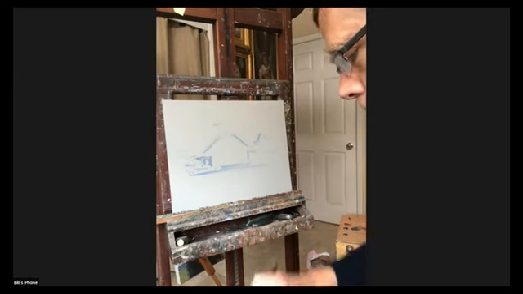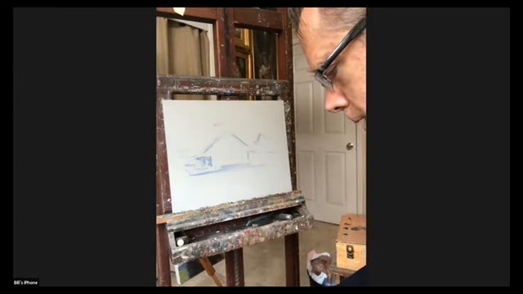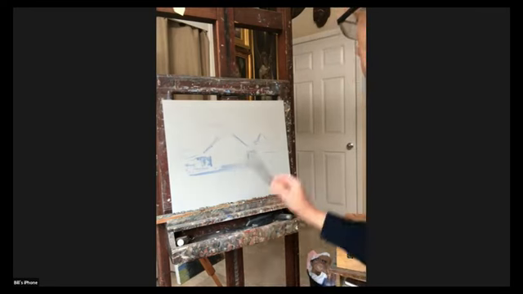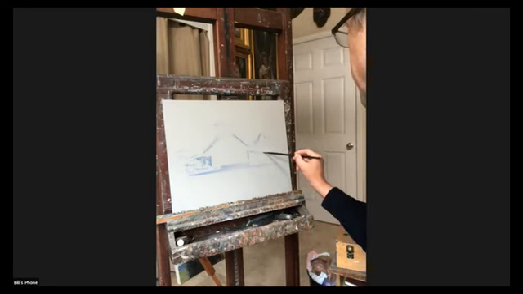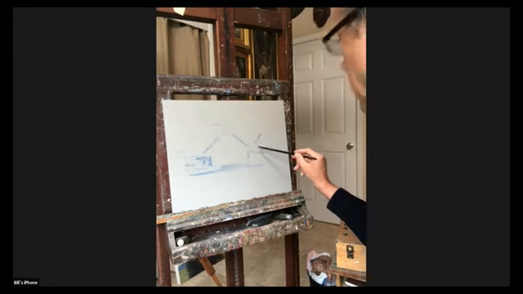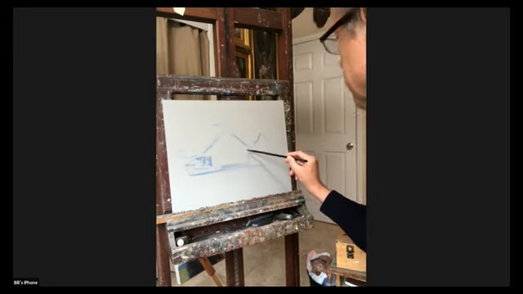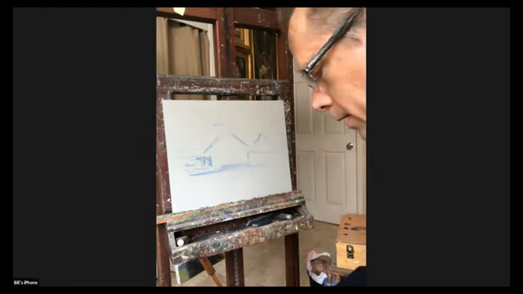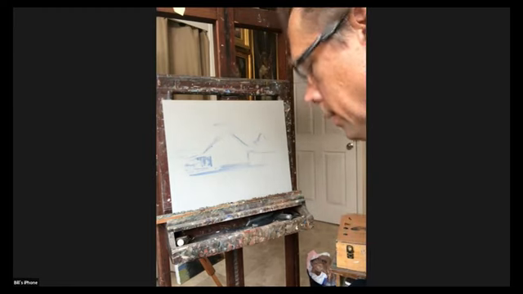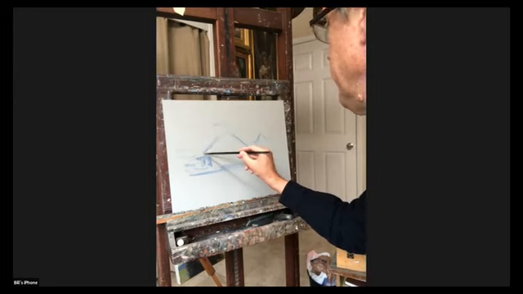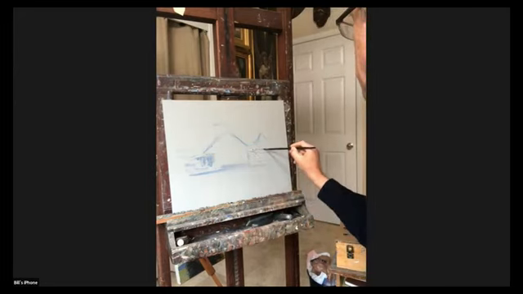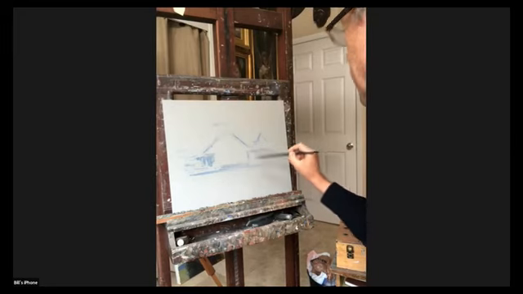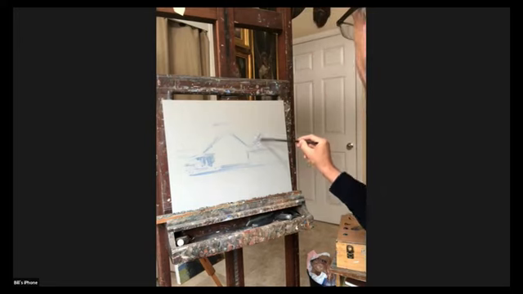So a lot of times I'll hold my brush like this and I'll see what goes across here, where things line up. So I'll go to the photo here, since I'm not painting from life, and I'll see that this right here is where this other building lines up. So it's important to look at your horizontal lines to see where things line up.